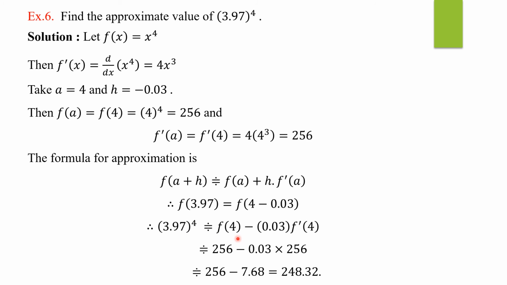Using the approximation formula, put the value of a and h, that is f of 4 minus 0.03 into f dash of 4. The value of f of 4 is 256. The value of f dash of 4 is 256. Putting these values, we get 256 minus 0.03 into 256. This multiplication is 7.68. Taking the subtraction, we get 248.32. Hence, 3.97 raised to 4 equal to 248.32.